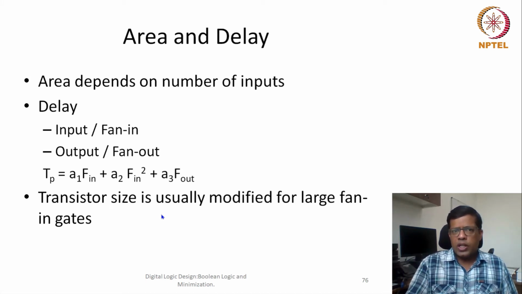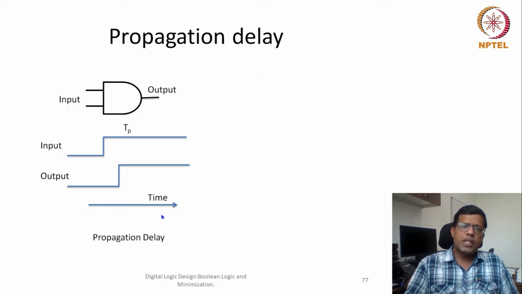So let's now understand the meaning of this propagation delay. To understand it, let's consider a simple AND gate. Let's say these are the inputs, two inputs and one output, and let us assume that both inputs are changing at the same time. Now the propagation delay essentially means that the output will not change instantaneously, but will change after some time.